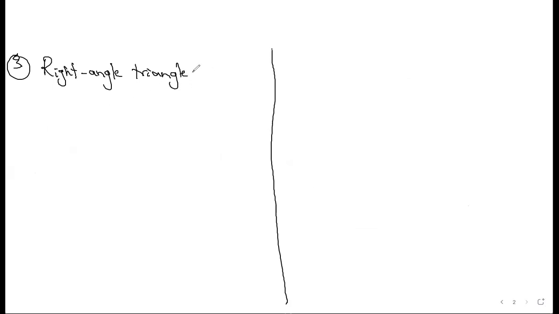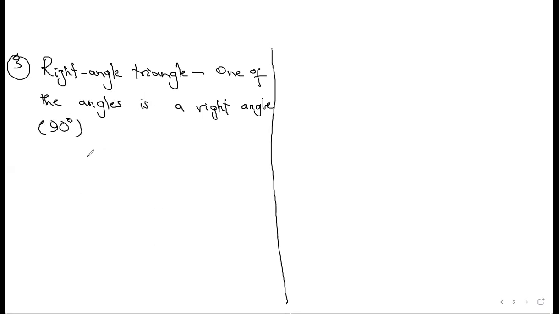In a right angle triangle, one of the angles is a right angle. What do I mean by right angle? 90 degrees. So how do we identify it? Like that, and you have a right angle here. Anytime you see this triangle, then you know it is a right angle triangle.